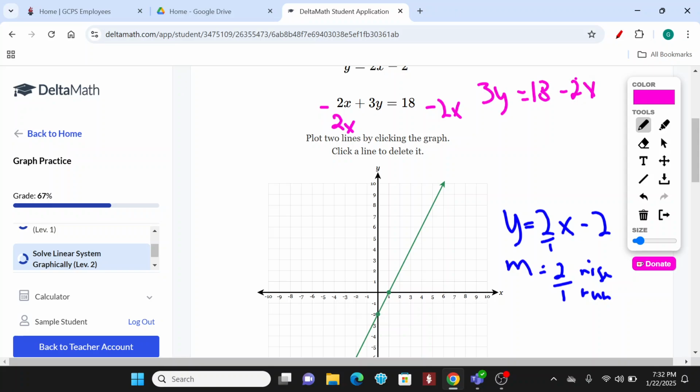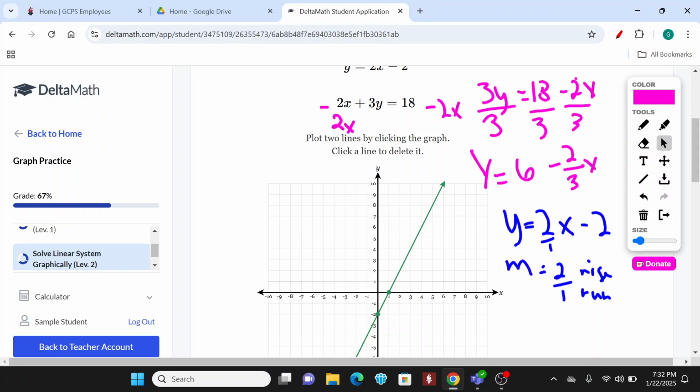So we have to divide by 3 to get y completely by itself. What we do to one side, we have to do to the other side. So we now have y equals 6. 18 divided by 3 is 6. And then our x, we can just leave as a fraction because that's our rise over our run.